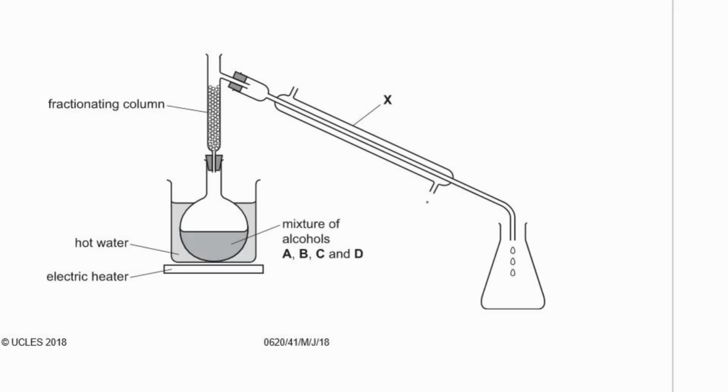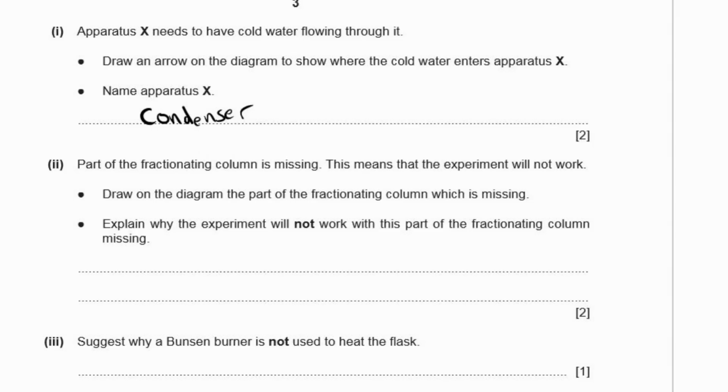So we want the cold water to enter through this bottom hole. The water comes up, goes around the alcohol without mixing with it, and comes out here. So they want this arrow here, not an arrow up here.